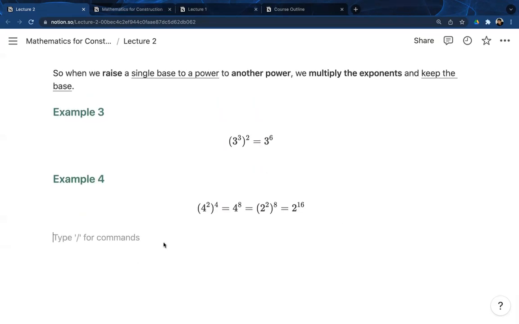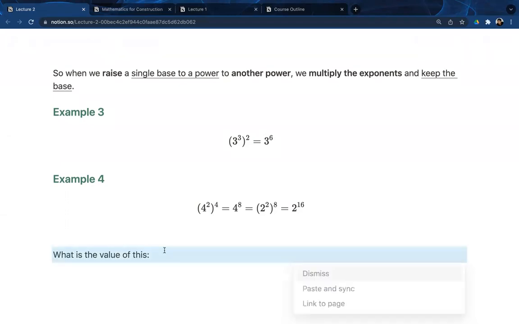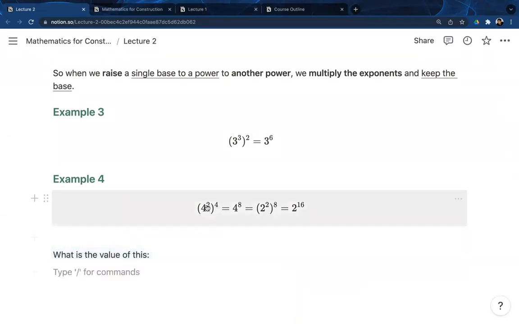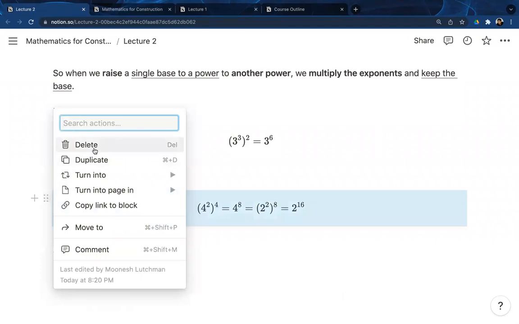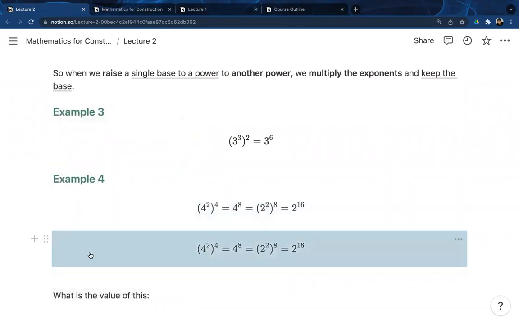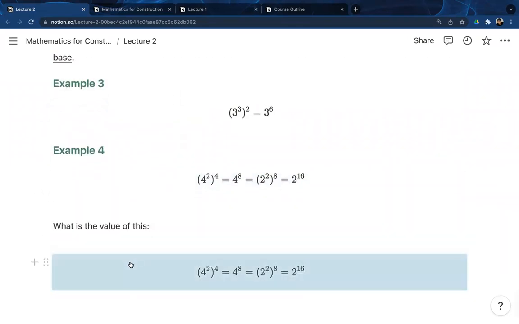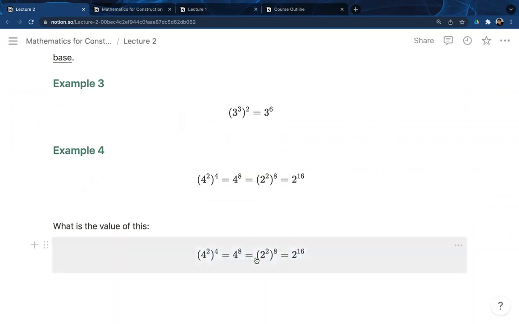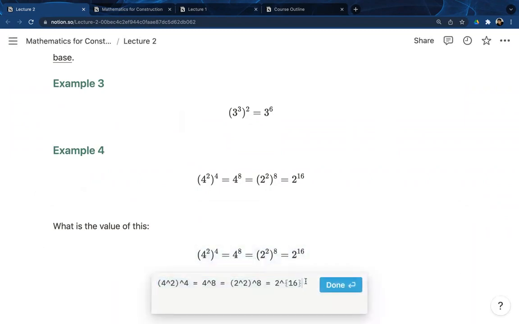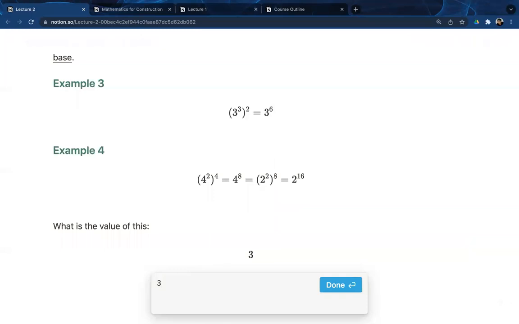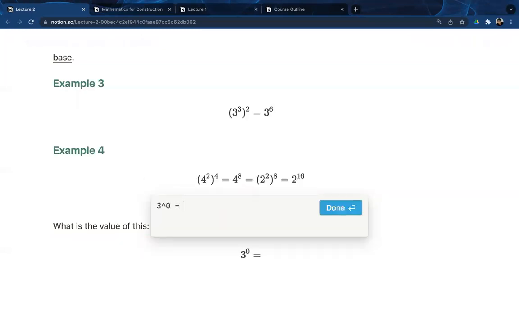So I want to ask you a question now. What's the value of this? I'm gonna type it out for you. What do you think this is?